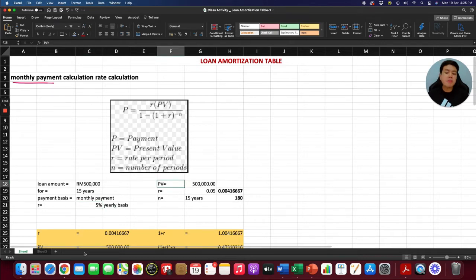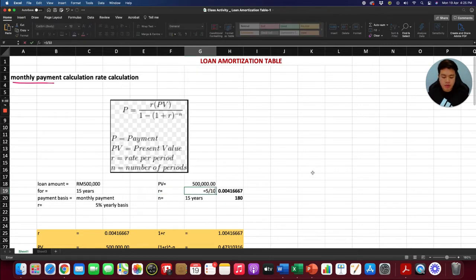So what is the PV? Definitely PV is 500,000 ringgit. What about R? R is the interest rate, 5%. 5% is equivalent to 5 divided by 100.